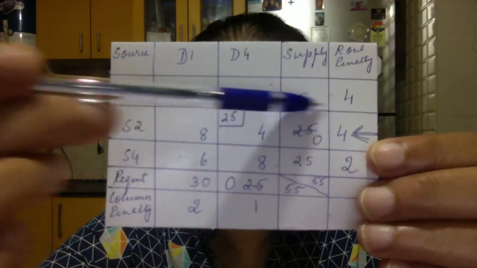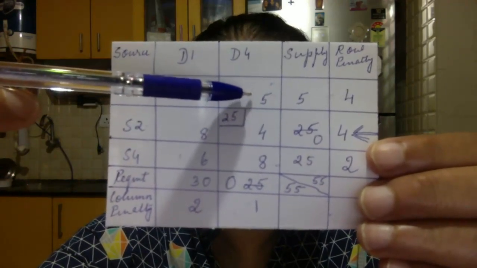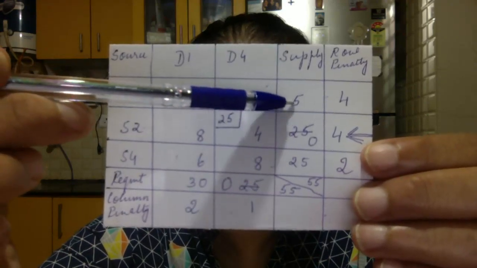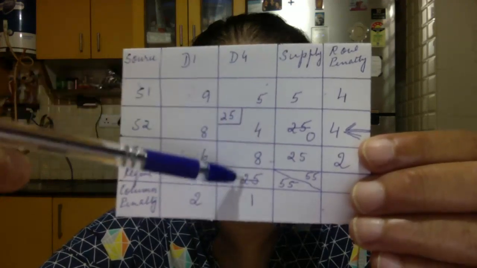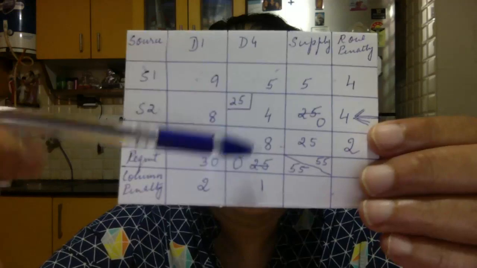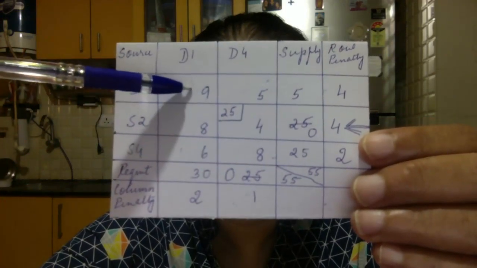Obviously, in this row, we have to allot to this cell because 5 is least. Here the supply is 5. Can we allot here? We cannot because this is 0. So this 5 has to be allotted to this cell.